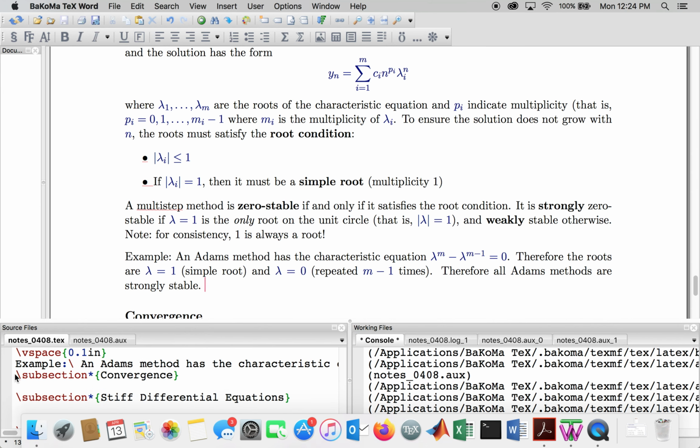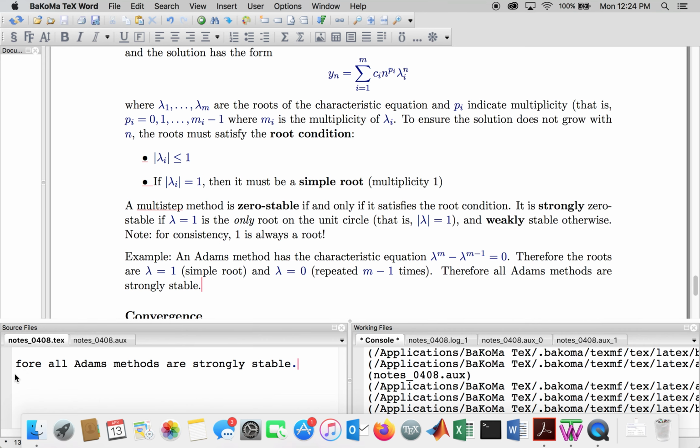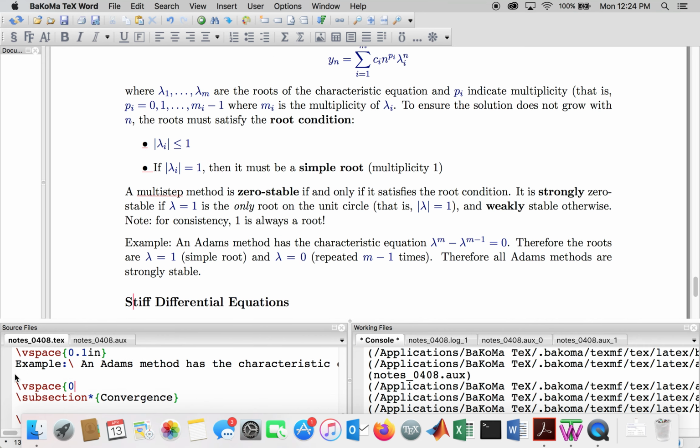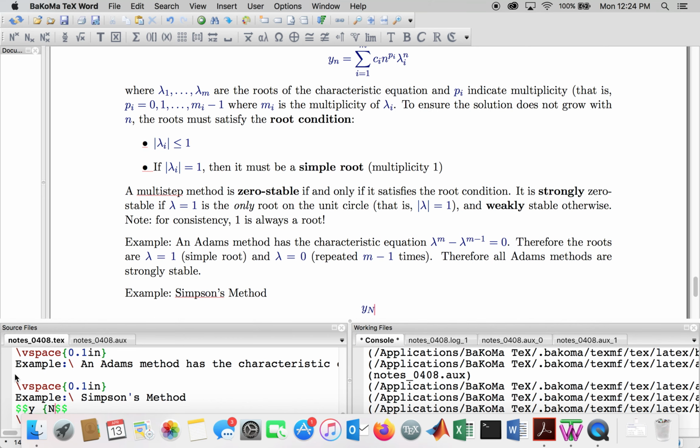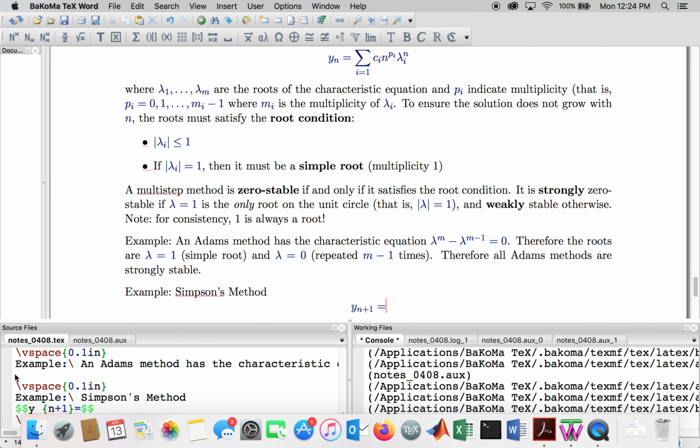Another example. Simpson's method. Yn plus 1 is equal to yn minus 1 plus h over 3 times fn plus 1 plus 4fn plus fn minus 1. So this is a rather unusual multi-step method.